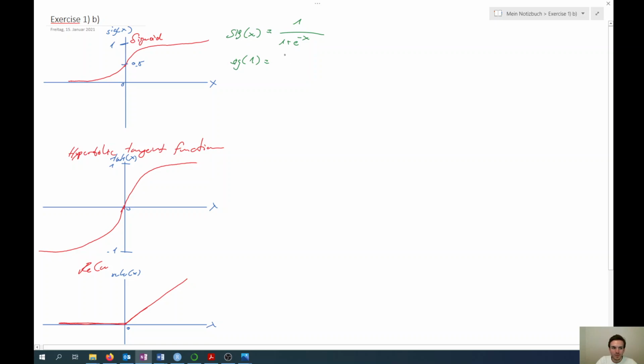That would be equal to 1/(1 plus e to the power of -1), and that is approximately 0.73. Now let's plug in the second one, which is sigmoid of -2. That would be approximately 0.12. Let's do 0.